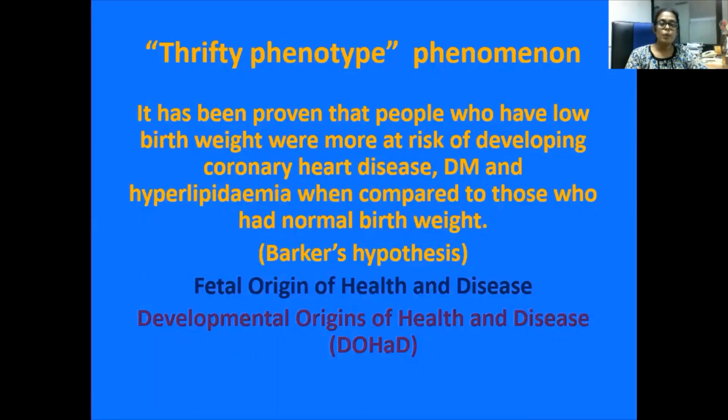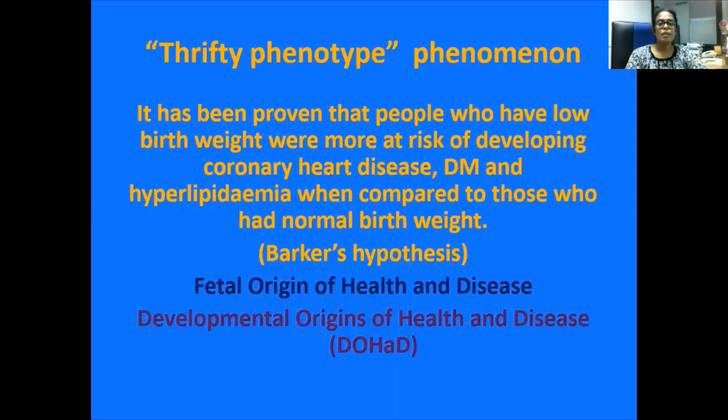This was originally noticed, observed and reported by an epidemiologist called David Barker in the 1990s. He found that in a poor area in London, the incidence of these non-communicable diseases was high. And when he looked at the birth weights, most of these people had low birth weight.